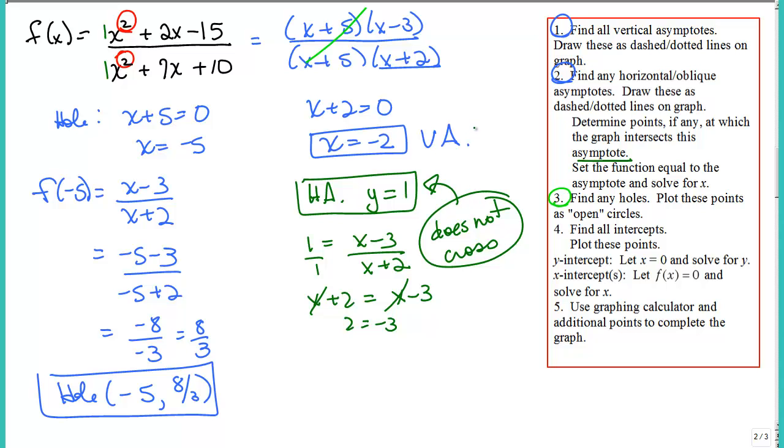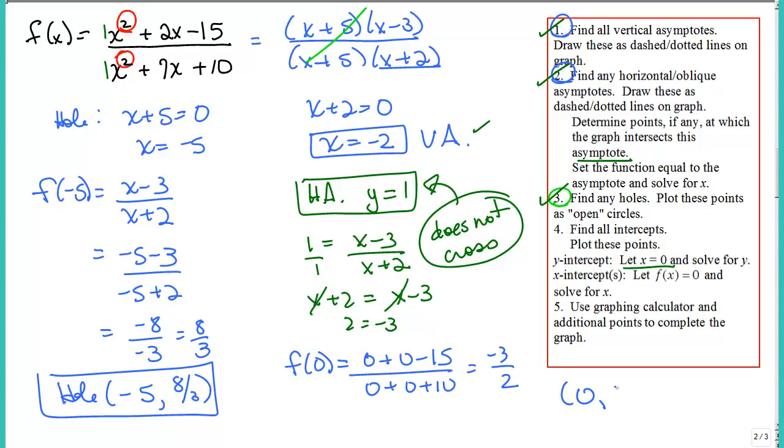So let's see, I've got a vertical asymptote, a horizontal asymptote, I've got holes, and now I need to find those intercepts. Alright, so to find the y-intercept, you let x equal 0. So I have f of 0. I'm going to have 0 plus 0 minus 15. So that reduces to -3/2. So when x is 0, y is -3/2. And that's my y-intercept.